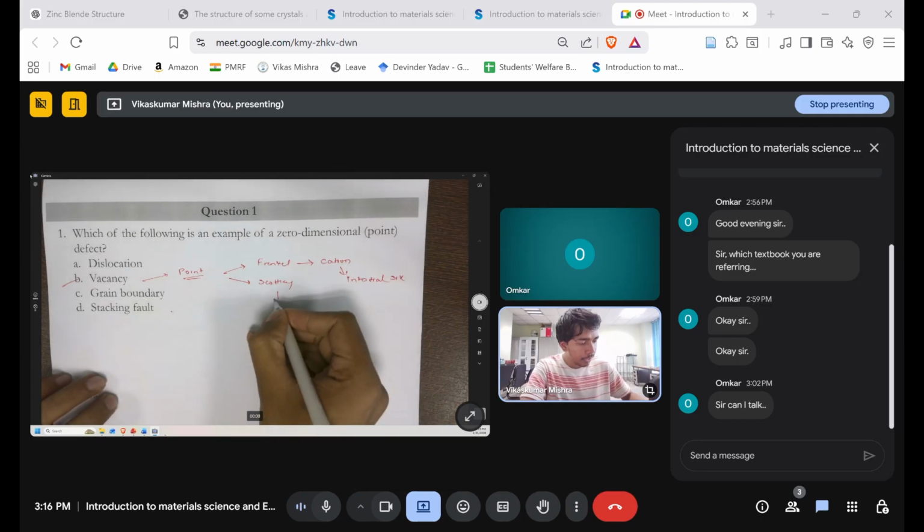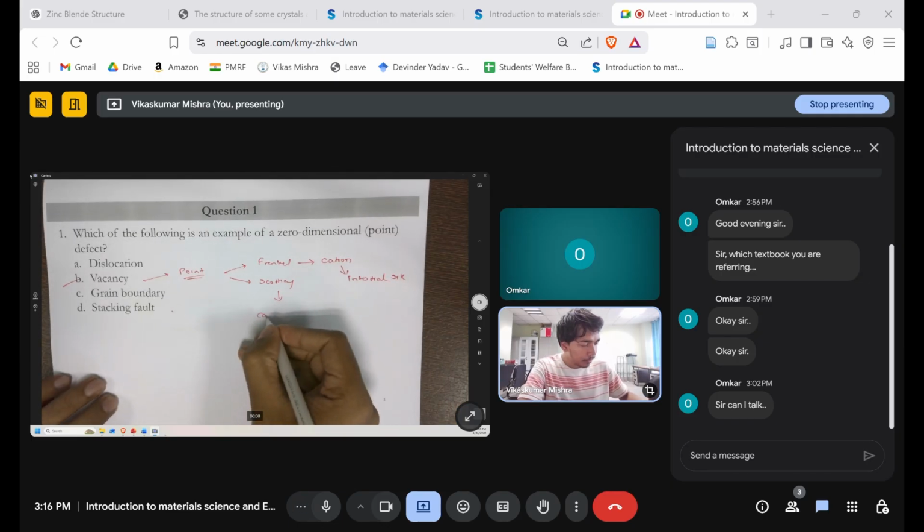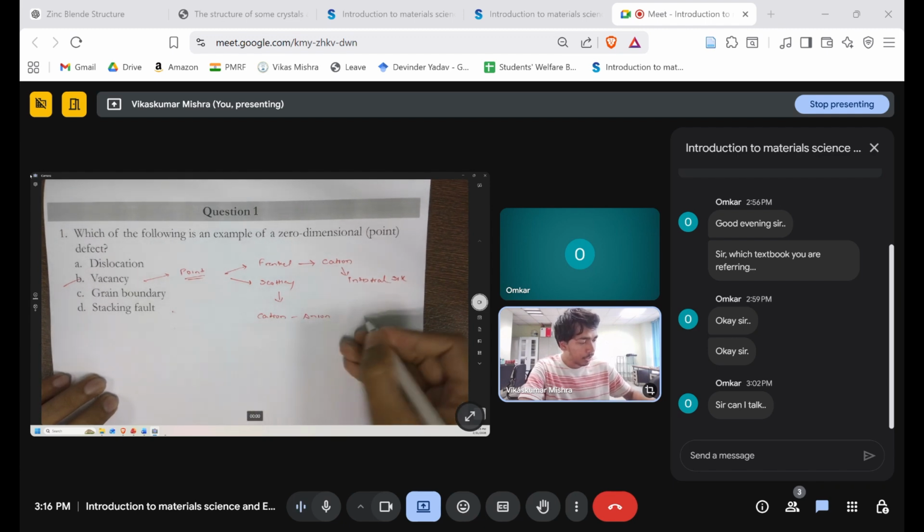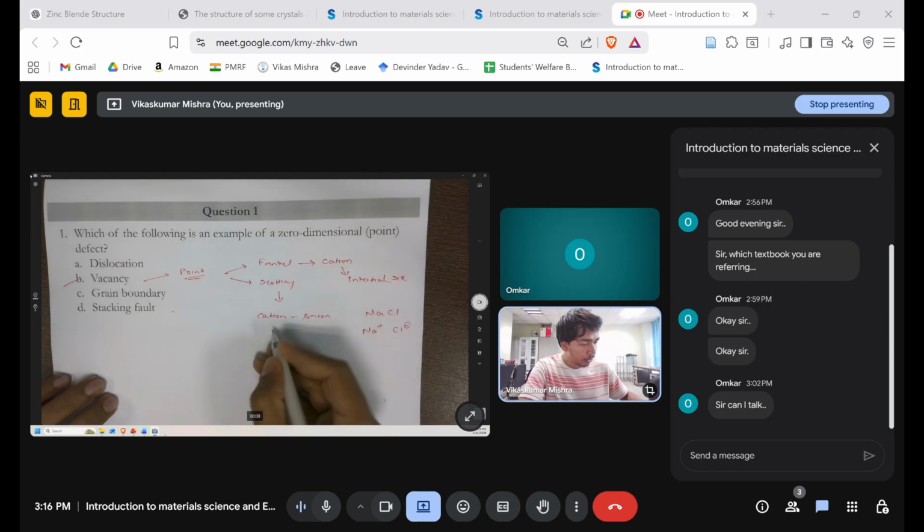In the Schottky, a pair of the cation and the anion will be missing. For example, if I am talking about NaCl, the cation is Na plus and the anion is Cl minus. So this pair will be missing.